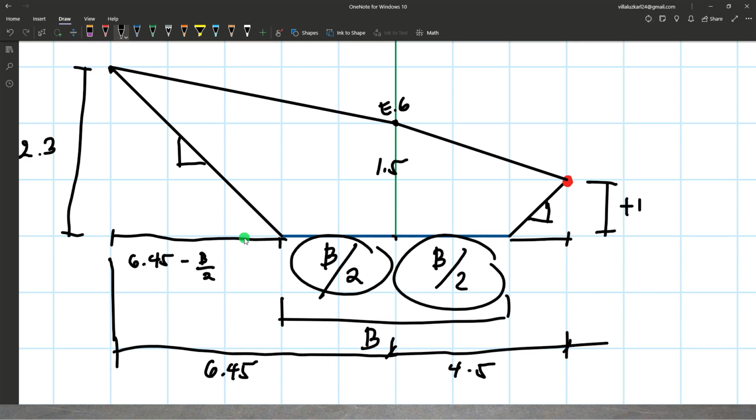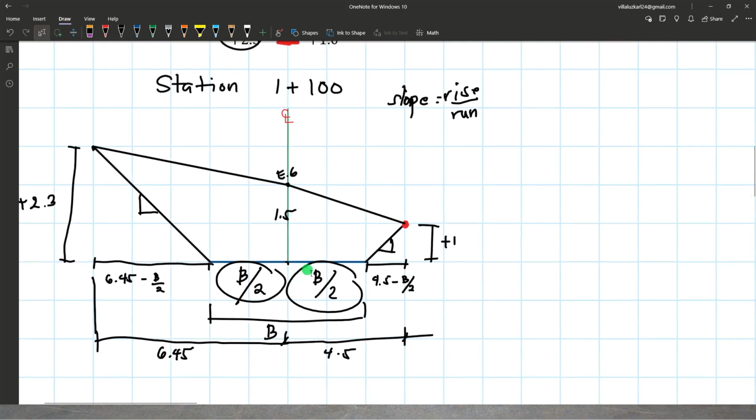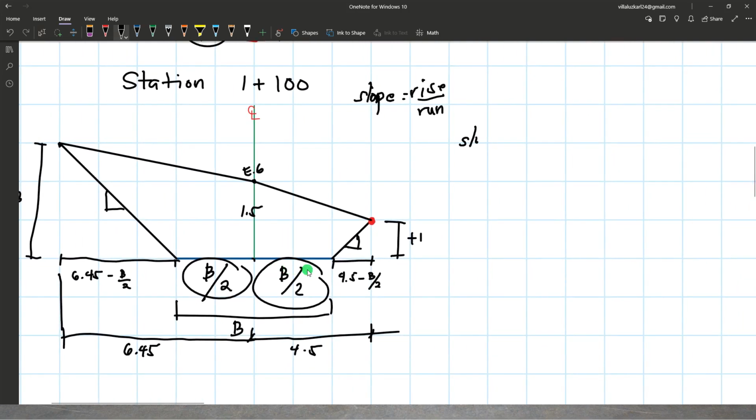Then on the right side, for the 4.5, just subtract b over 2 to determine the horizontal distance of this slope. We will make an equation by simply equating the slope on the left side to the slope on the right.